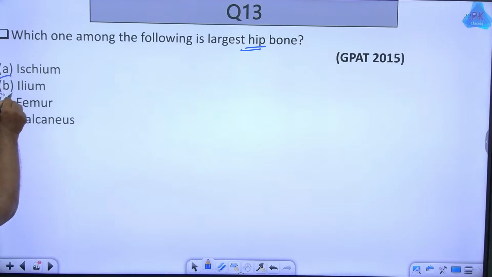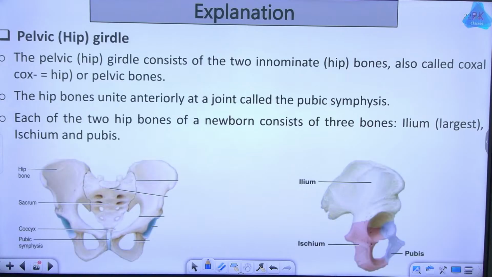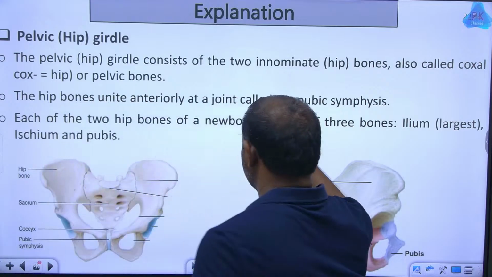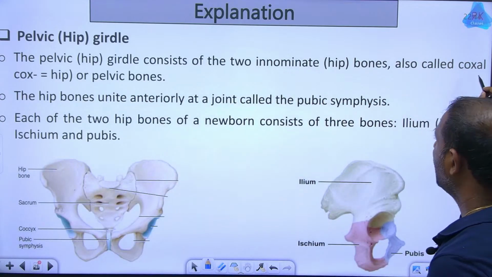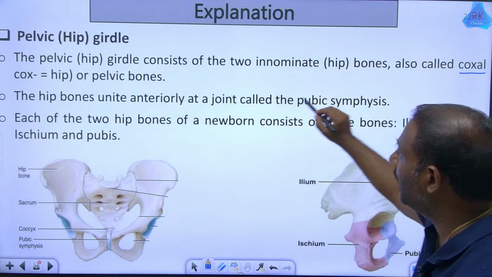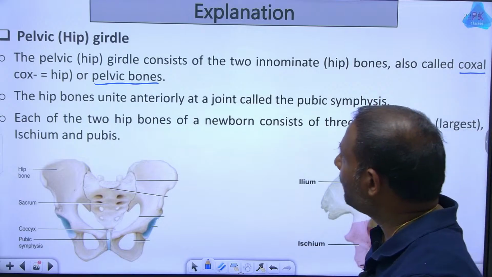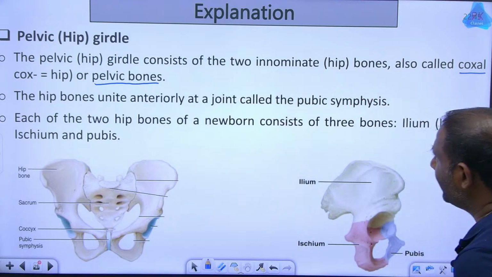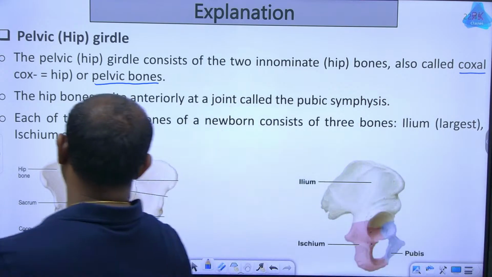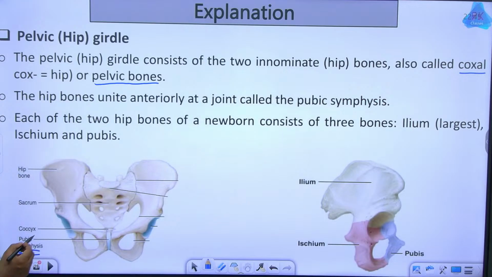So it is the ilium. The pelvic, or we call it the hip girdle, consists of the two innominate bones या hip bones, उसी को हम coxal bones कहते हैं या pelvic bones कहते हैं. ठीक है. And these hip bones unite anteriorly at a joint called the pubic symphysis.